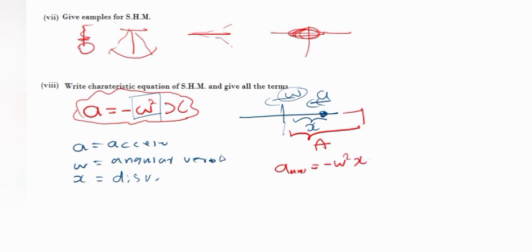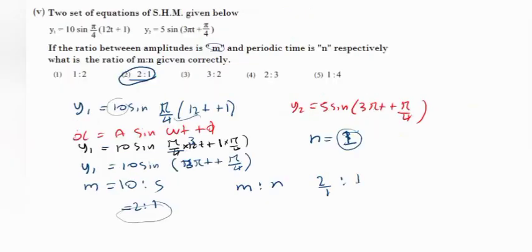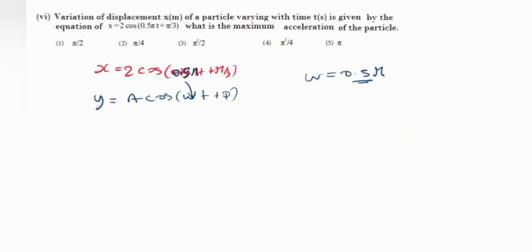Really simple, isn't it? So the maximum acceleration is a equals minus omega squared x, where the maximum x is A. So a max equals minus omega squared A. Finally, omega is 0.5 pi, squared, and A is 2.